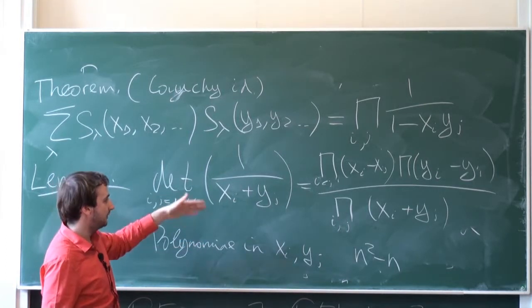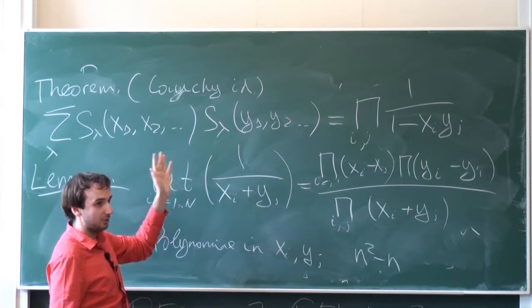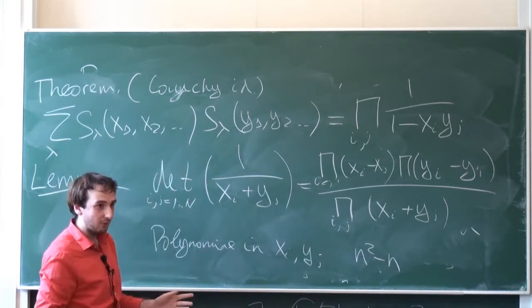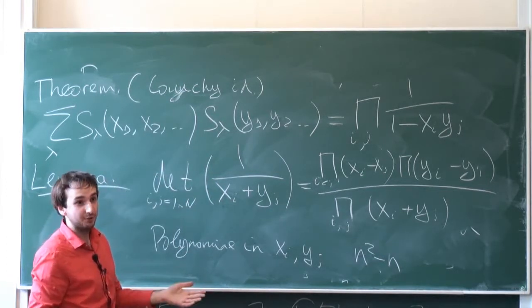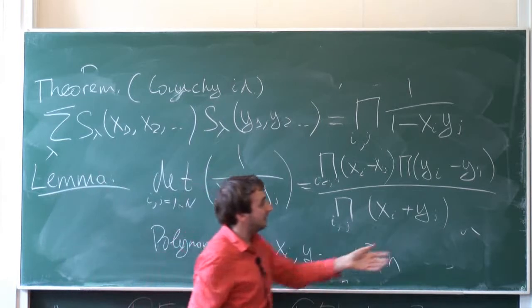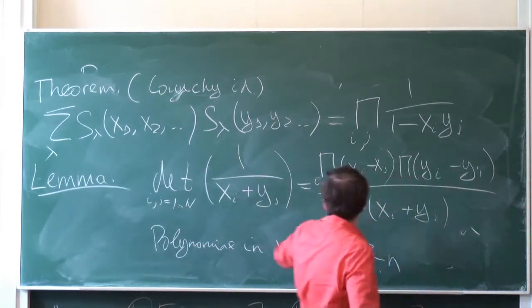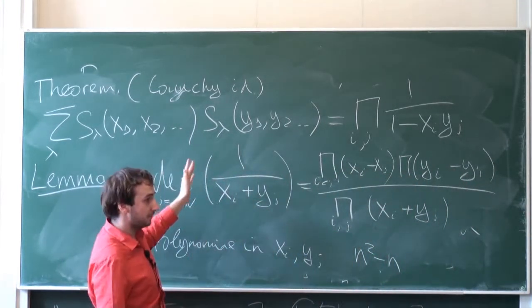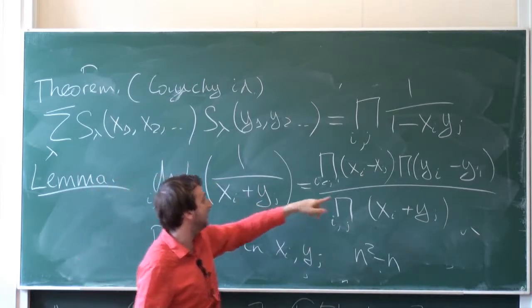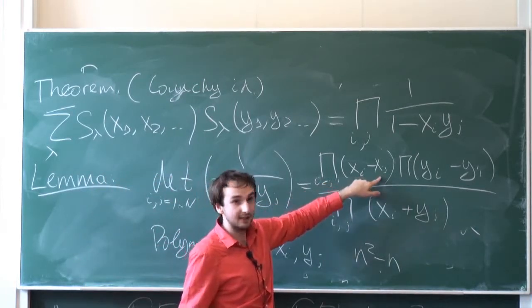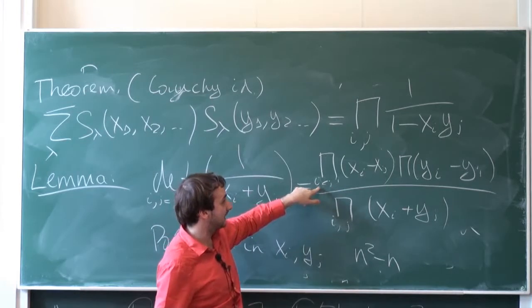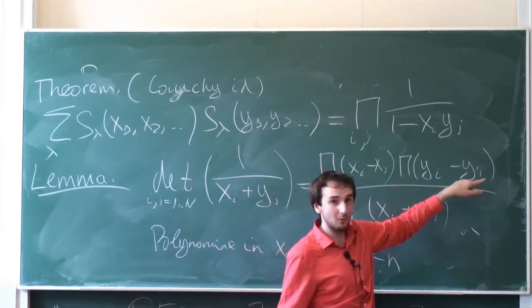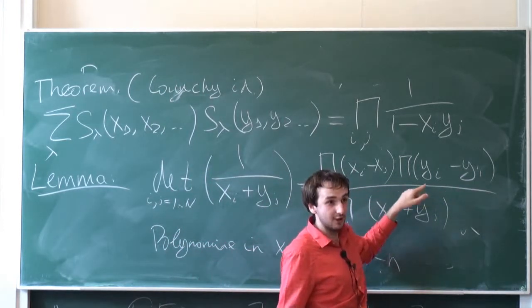And also if y_i is equal to y_j, then it has two equal columns, which means that again it evaluates to 0. Then by the same argument as in defining Schur functions, we see that a polynomial with this property should be divisible by the product of all (x_i minus x_j) over all i less than j, and by the product of (y_i minus y_j) over all i less than j.